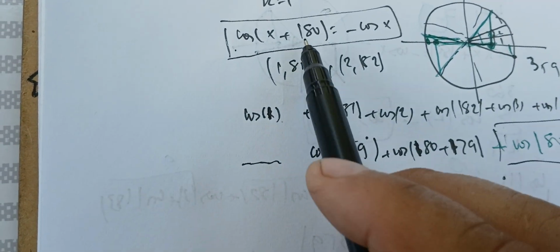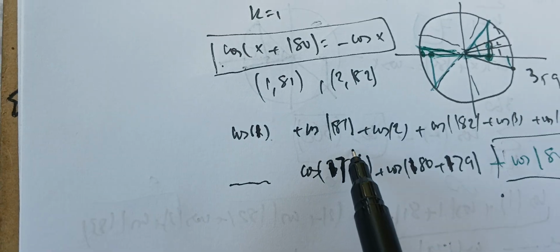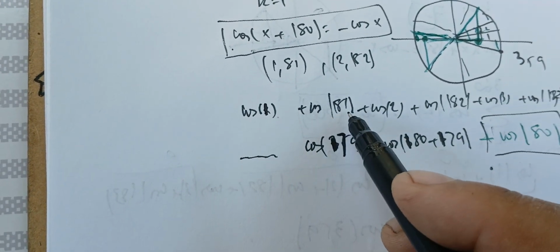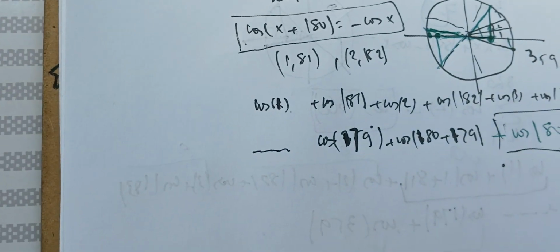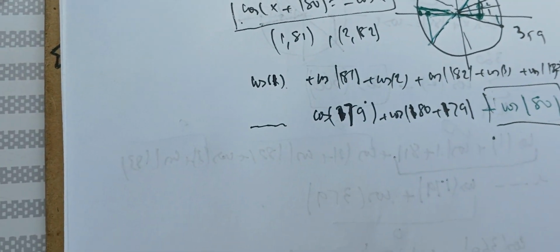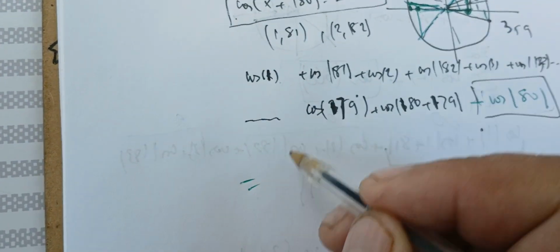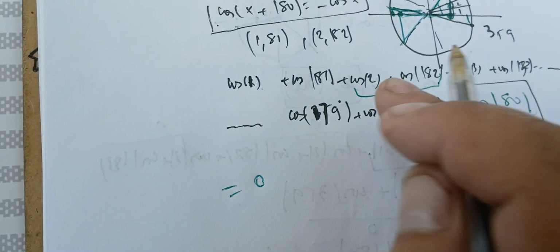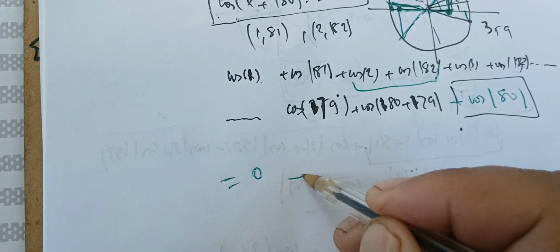Now we're going to use this property to eliminate all the values that we need. The cosine of 1 plus the cosine of 181 is 0. The cosine of 2 plus the cosine of 182 is 0.